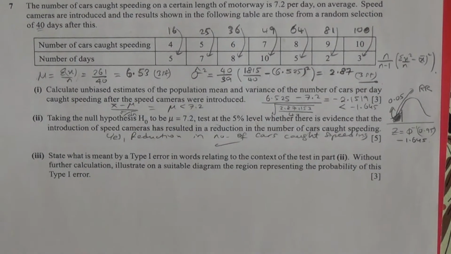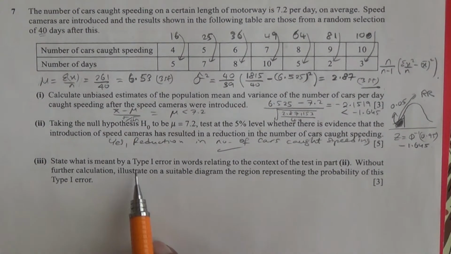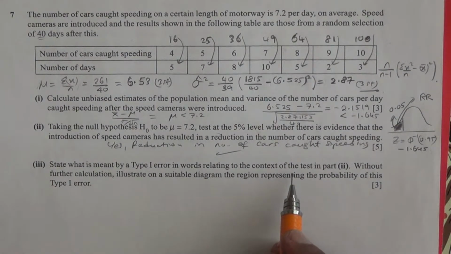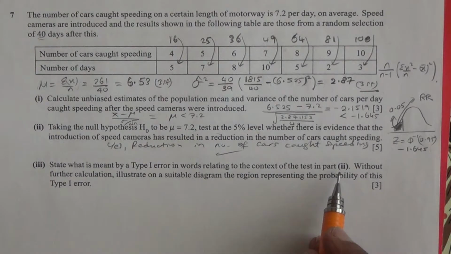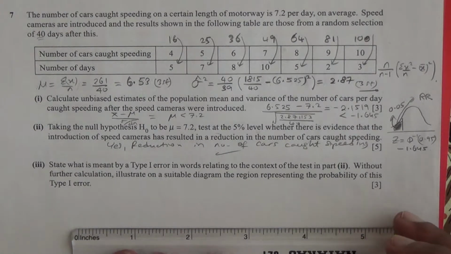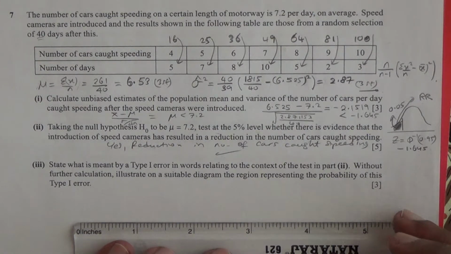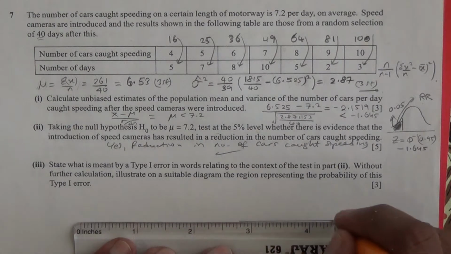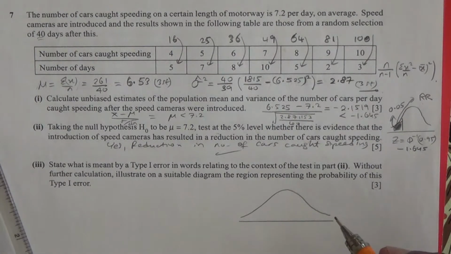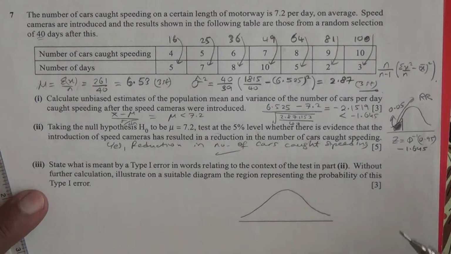Now for the last part of the question, part 3, state what is meant by a type 1 error in words relating to the context of the test in part 2. Now let us take a look at what a type 1 error is. First of all, what we know is that a type 1 error is when we are rejecting the null hypothesis given that it is true.